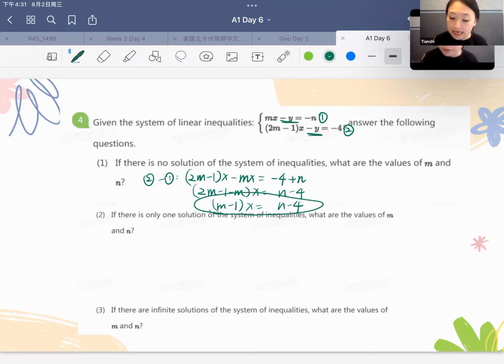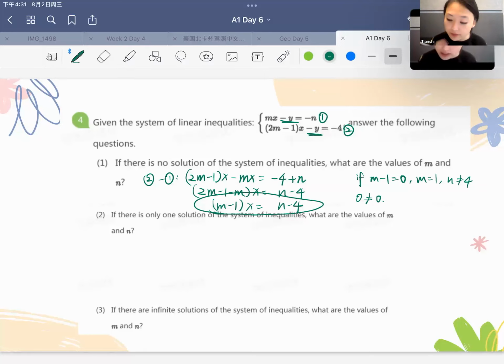If there is no solution for the system, what is the solution for m and n? It means that under no circumstance will there be a value for x. So for example, if m minus 1 equals 0, so m equals 1, then the left side will become 0, no matter what the value for x is, right? But if n is not equal to 4, then the right side cannot be 0 anymore. Then under no circumstance can 0 be equal to a nonzero number, right?